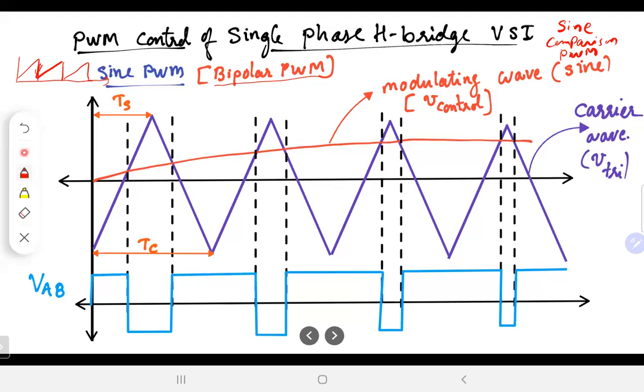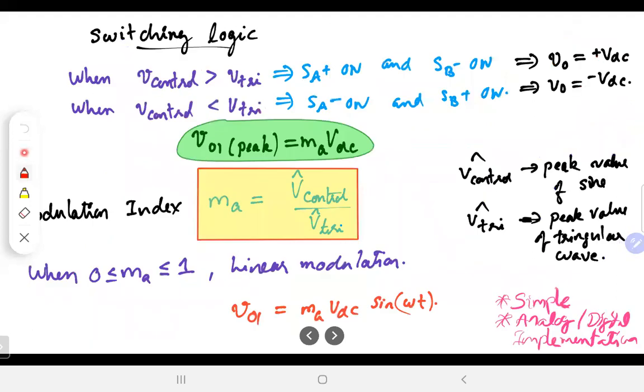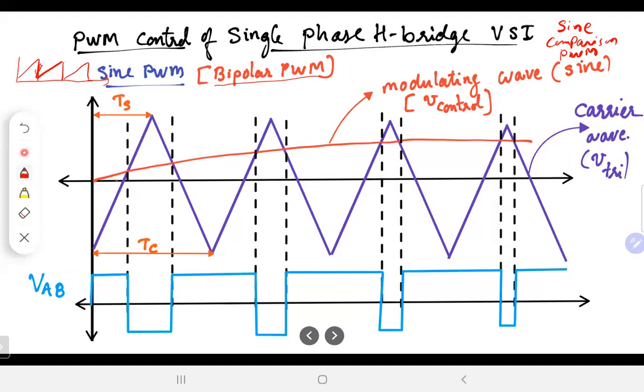So traditionally, the triangle waveform is preferred over the sawtooth, because there's no compulsory switching because of this fast downgoing slope of the sawtooth.